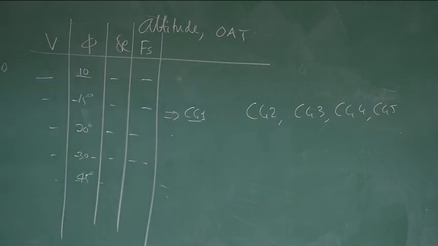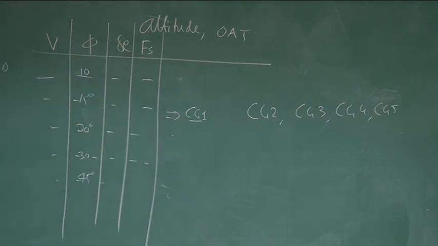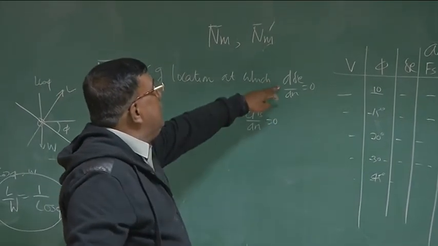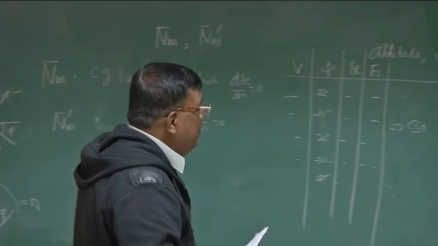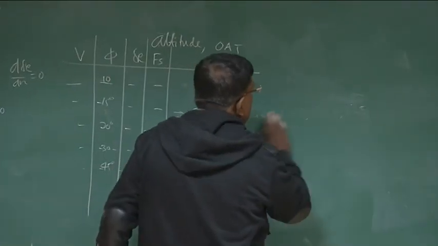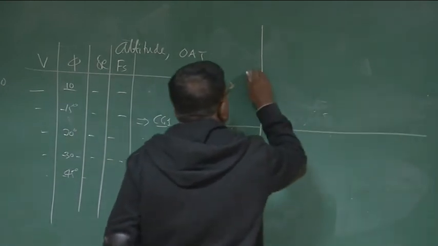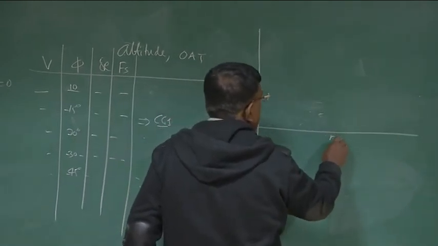So now, if I want to calculate neutral point stick fixed, I know it is the CG location at which d delta E by dn is 0. So what I have to do? Very simple. I will again plot delta E and n.